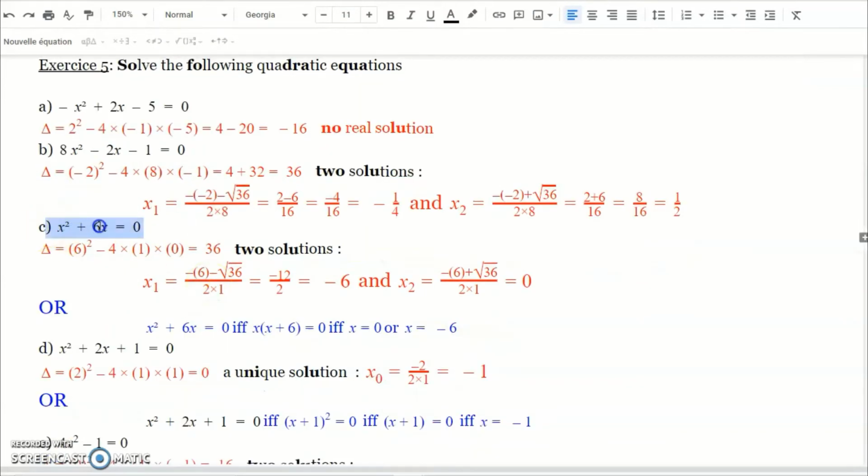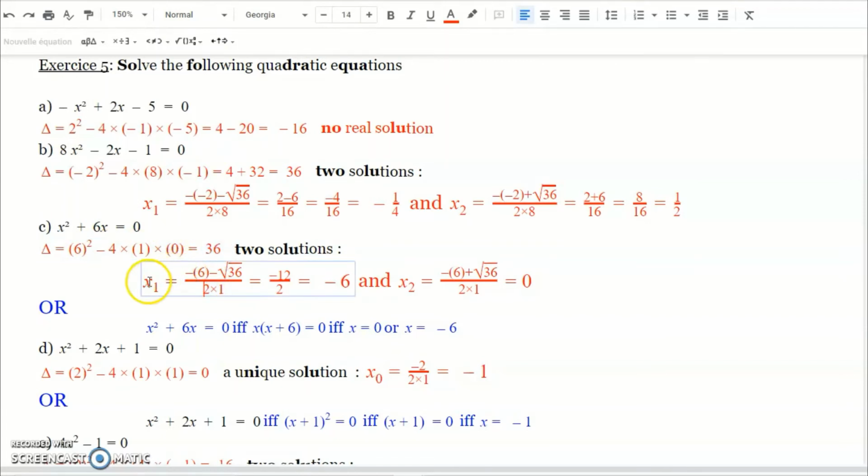C, x squared plus 6x is equal to 0, delta is equal to b squared minus 4 times a times c. C is equal to 0, so we get only 36.